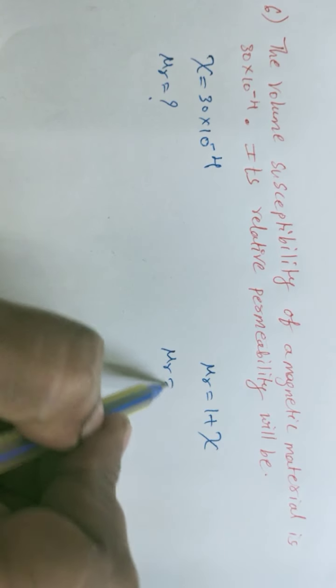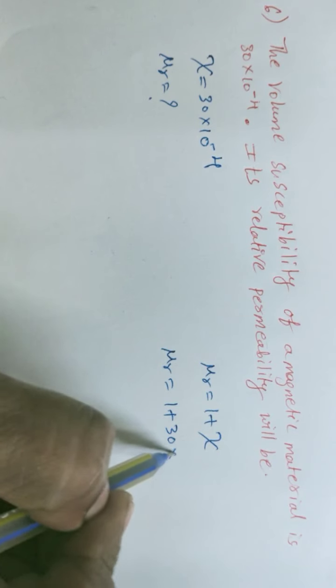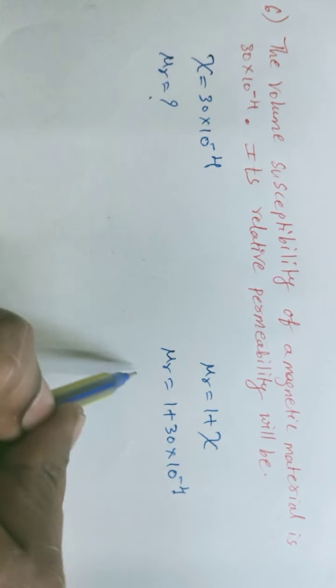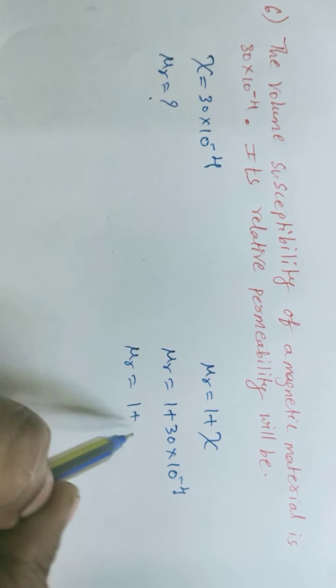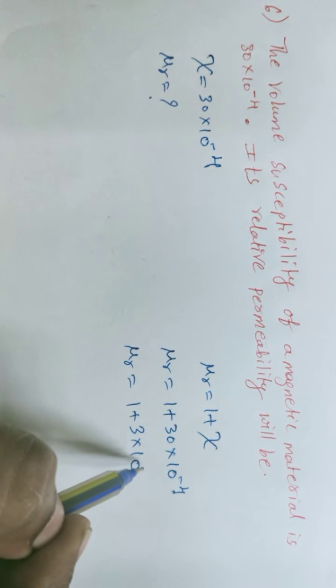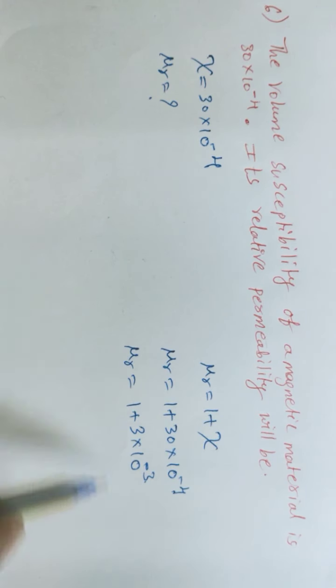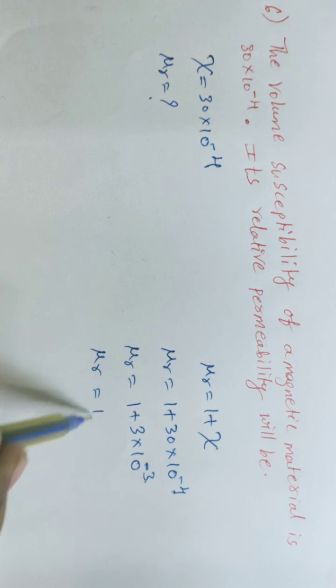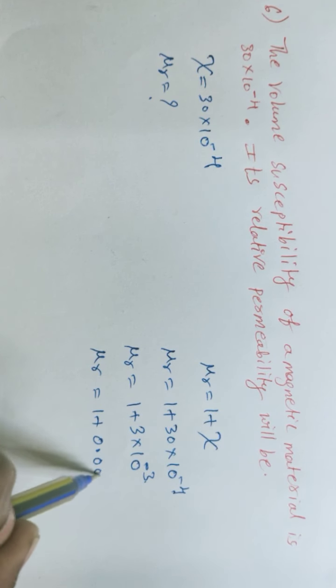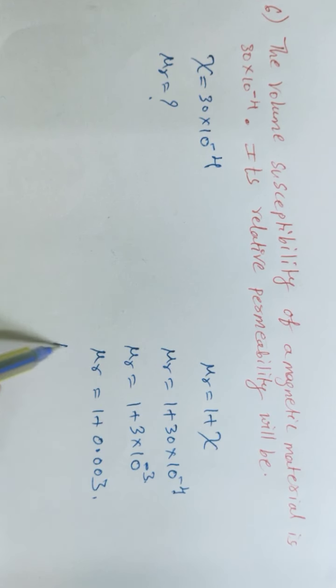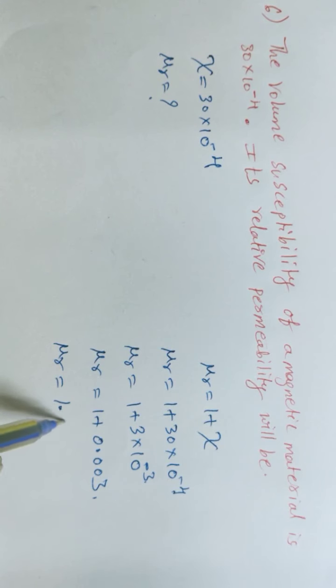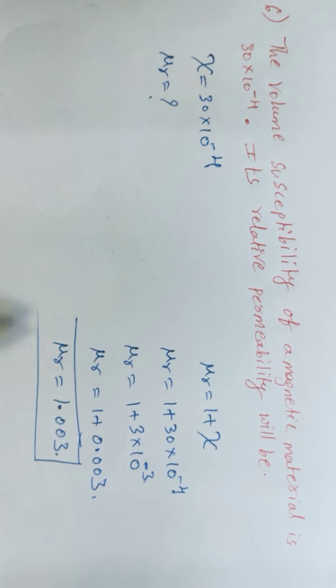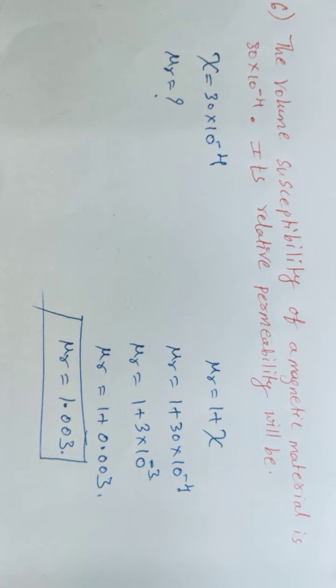Therefore mu r is equal to 1 plus 30 into 10 power minus 4, which is 1 plus 3 into 10 power minus 3, that is 1 plus 0.003. So mu r becomes 1.003. It has no units or dimensions. This is the relative permeability.